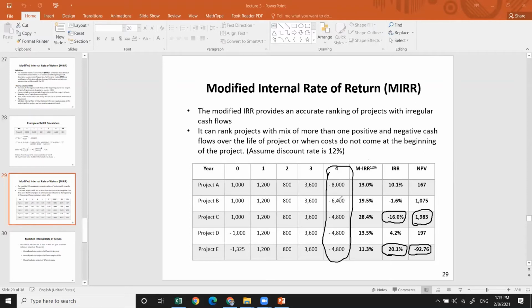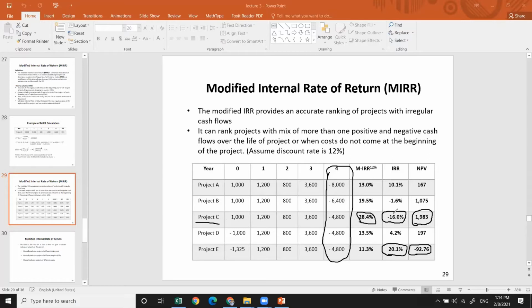So what could be done here? As we said, we calculate MIRR with 12%. That helps us get a more accurate result, so the decision can match the decision of the NPV. As we can see, the highest NPV, to accept project C, is supported by the highest MIRR as well, to accept the project.